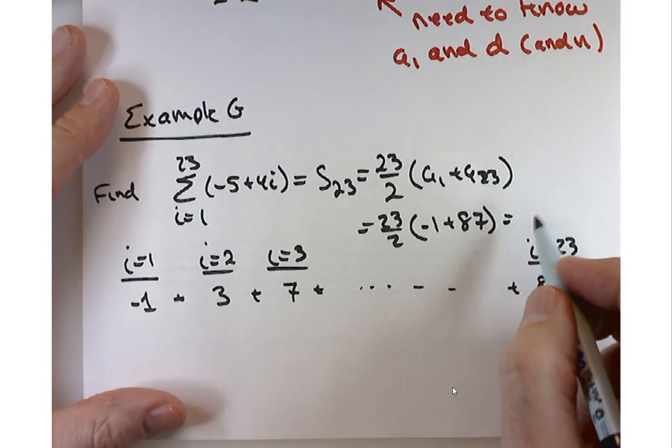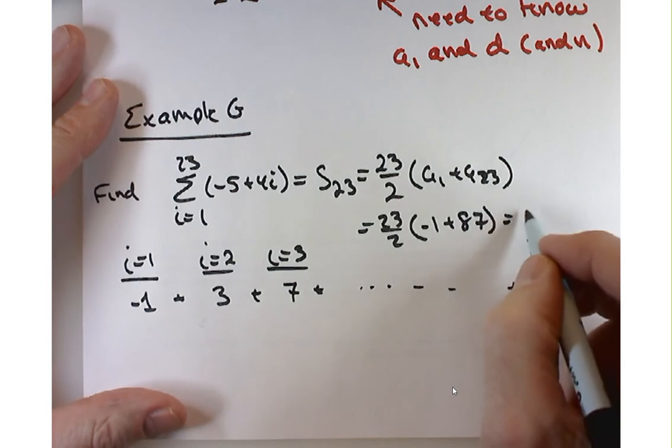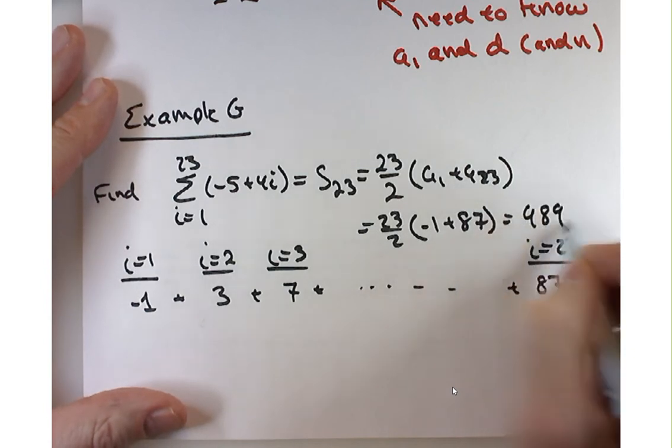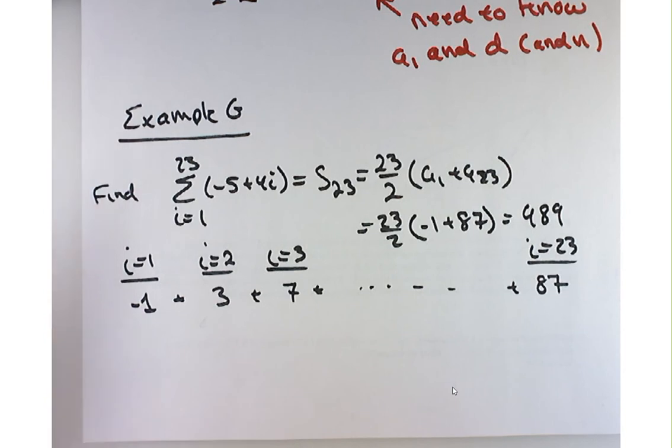Take out your calculator and do this. I think you're going to get 989. And that's it. Nice.